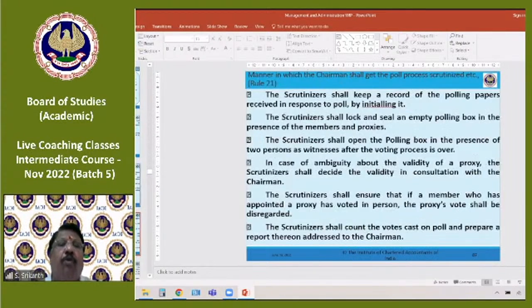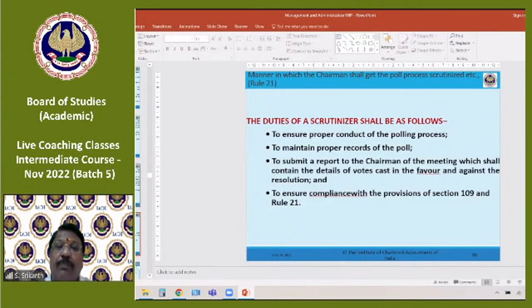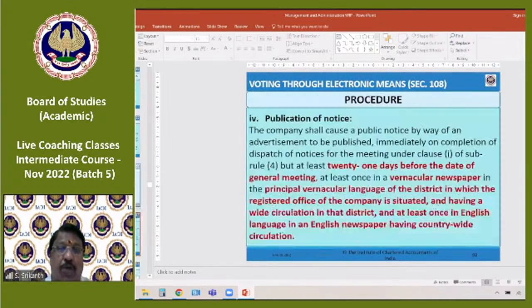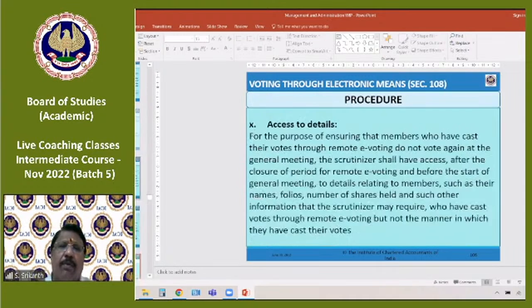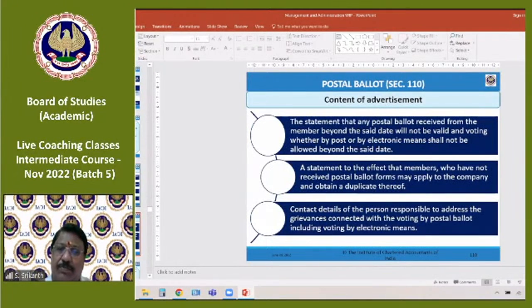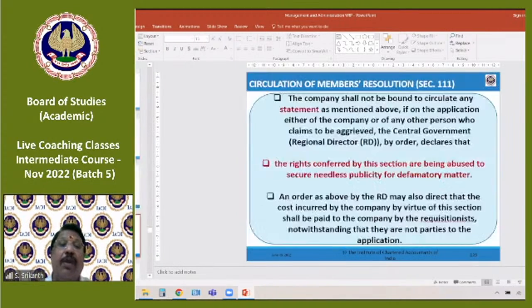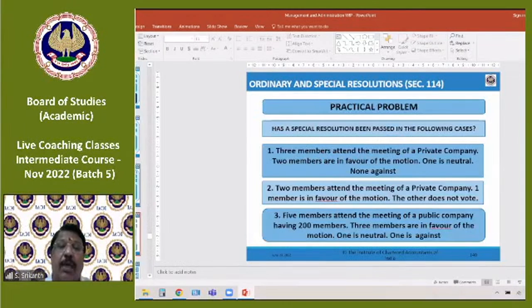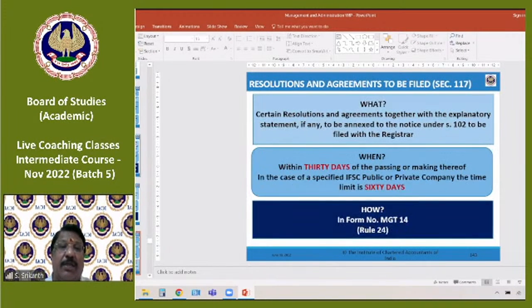On a poll, how the voting is done. Voting by postal ballot, e-voting, electronic voting, and so on. We also saw the various types of resolutions. Notice, especially we discussed special notice and how a special notice is given, etc.